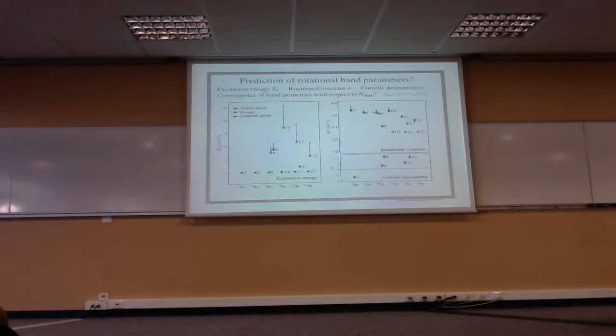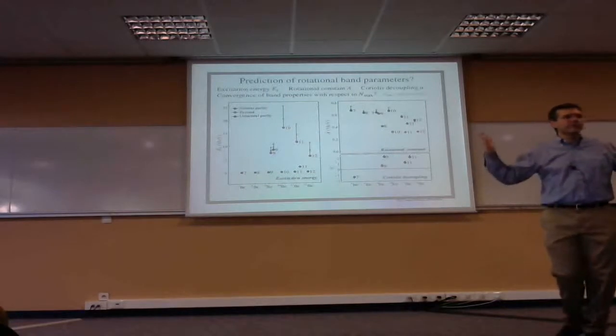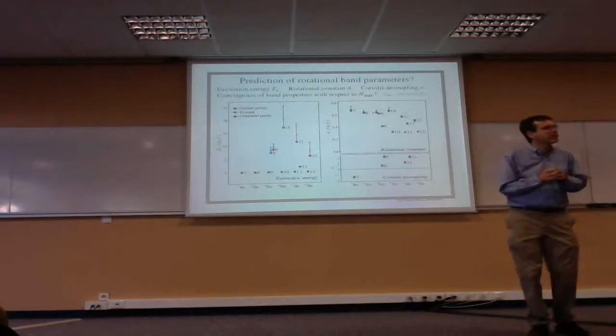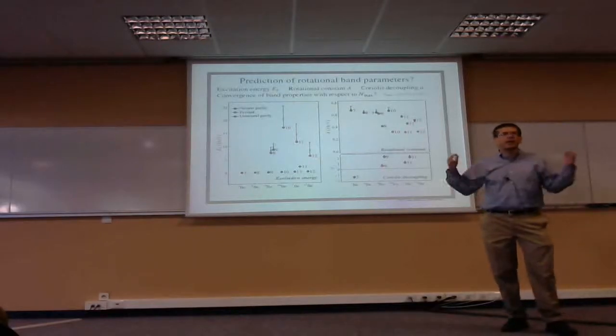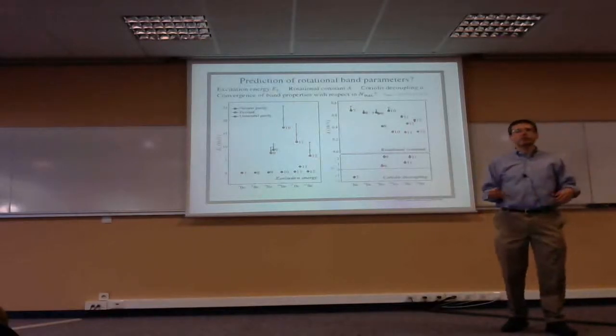So we're almost at the end of this part of the talk. This last slide then gets a little bit speculative. If we wanted to start comparing with experiment, what would you want if you were an experimentalist thinking about a rotational band? What are some of the basic properties? We've said, aha, we get pure rotation. The experimentalist, if we're lucky, might measure those states and say we have pure rotation.